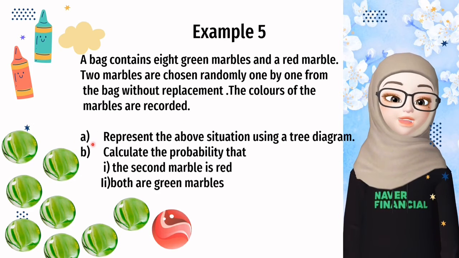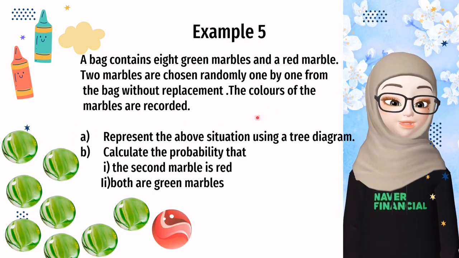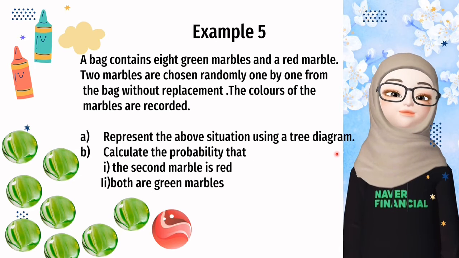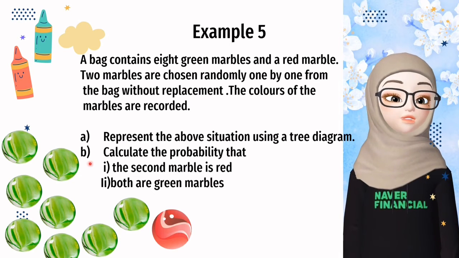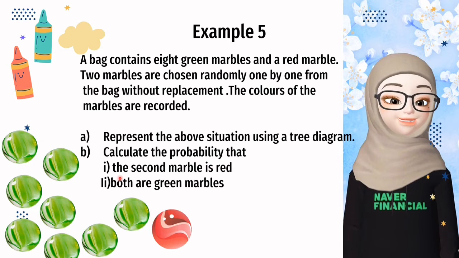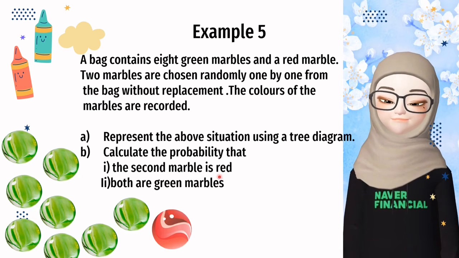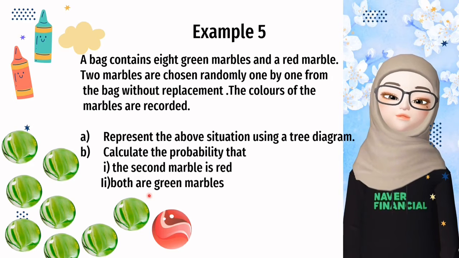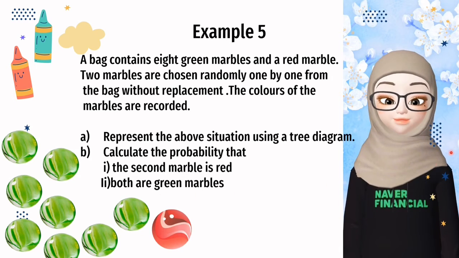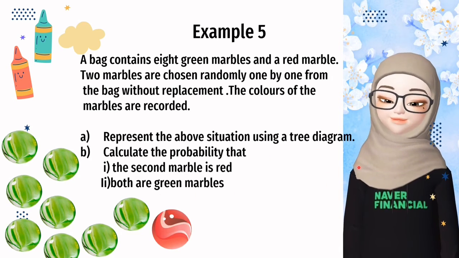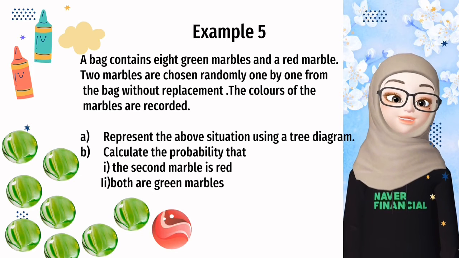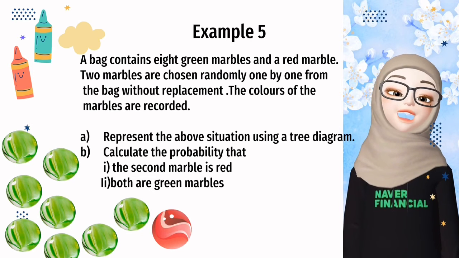The first question is to represent the above situation using a tree diagram. And the second one is to calculate the probability that the second marble is red, and that both are green marbles. So this is the question. Okay, let's go for the solution.